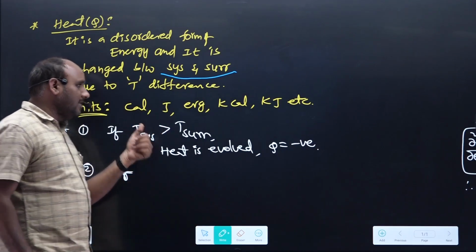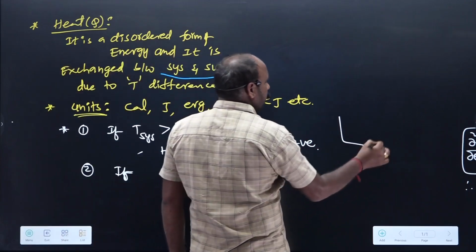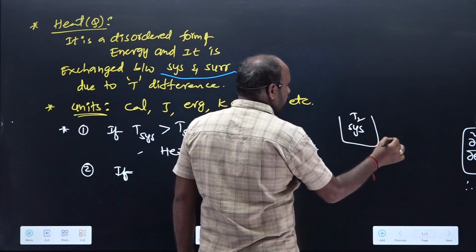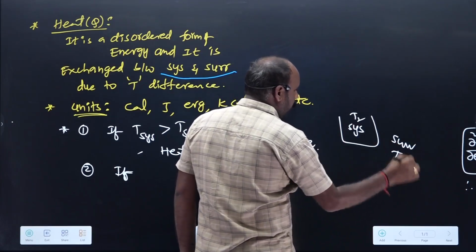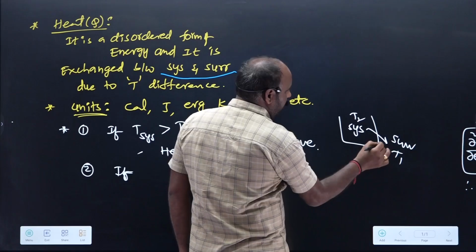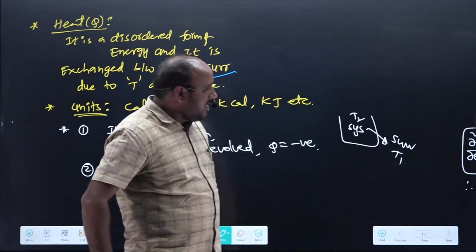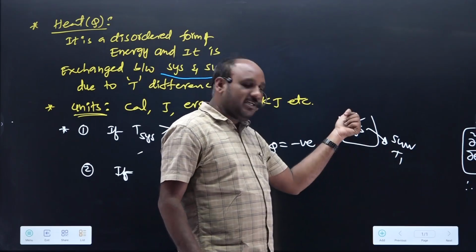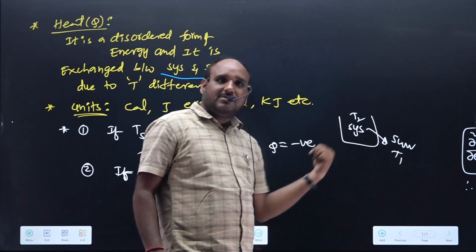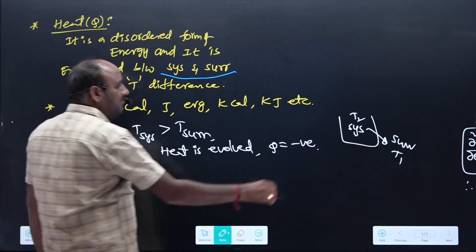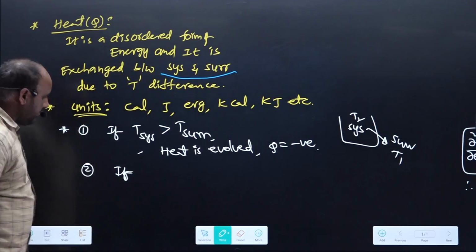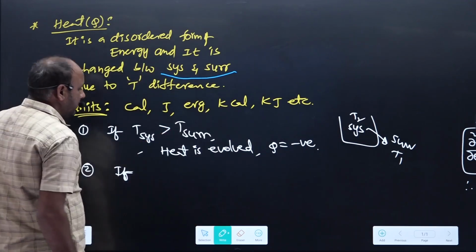If we consider a simple diagram, this is the system with high temperature and the surroundings will be at low temperature, right? So whenever heat is transferred, the difference will be surroundings minus system. That is lower minus higher, which becomes negative, right? Some amount of heat is lost by the system, therefore that is negative, right? Heat is evolved, right?